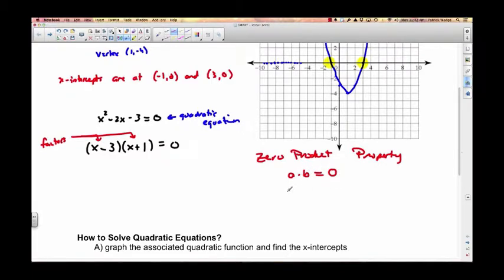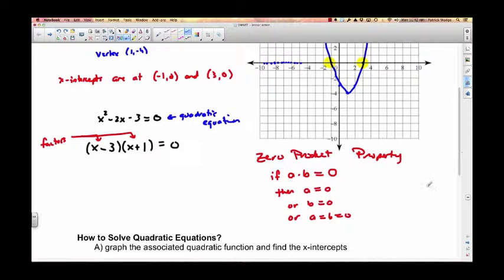Well, if a times b equals 0, then either a equals 0, or b equals 0, or both of them equal 0. You can put a equals b equals 0. In other words, they're equal to each other and they're both equal to 0. Right? That's the zero product property.